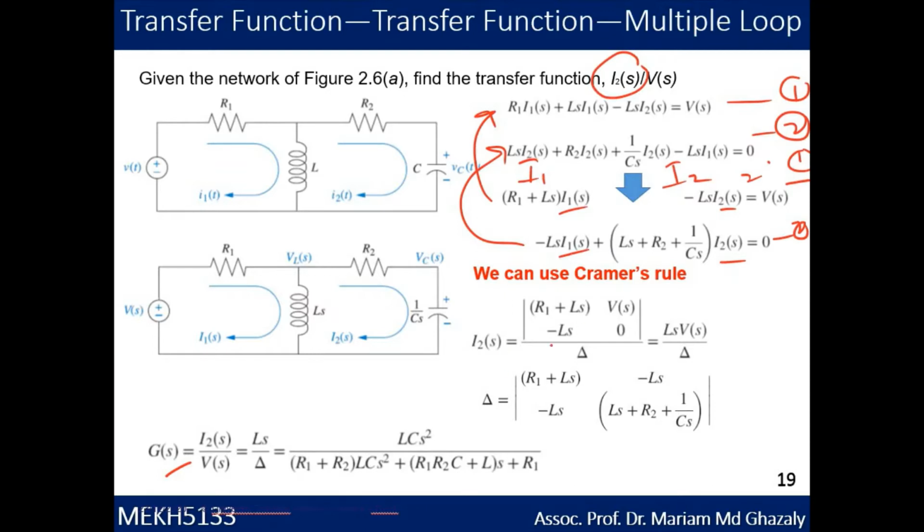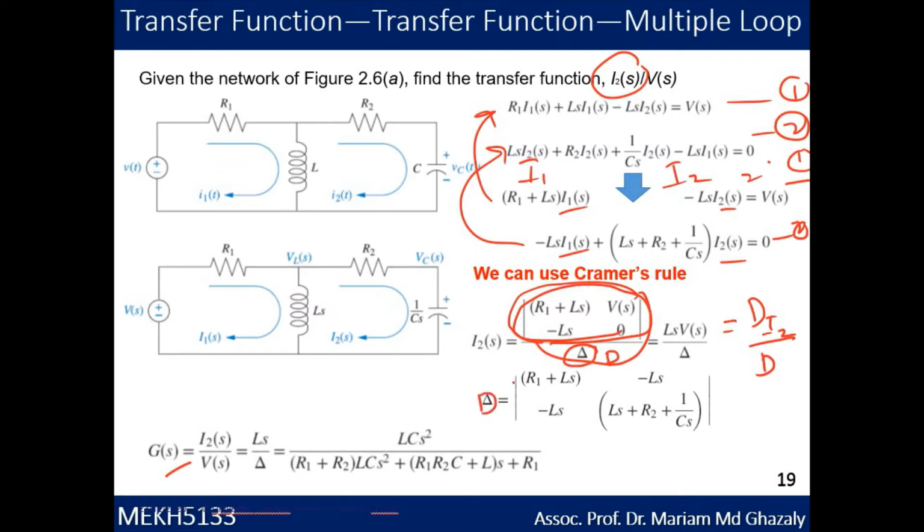So first of all, get the equation of I2. How do you get it? By using the determinant values. I2 is equivalent to dI2 over d determinant. dI2 is this part, everything in this part, and this is determinant d.